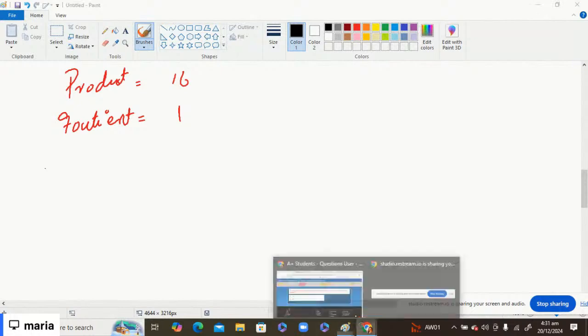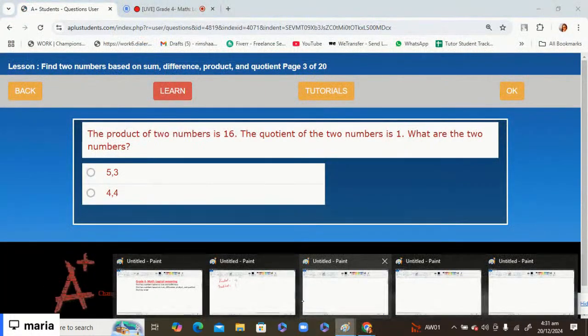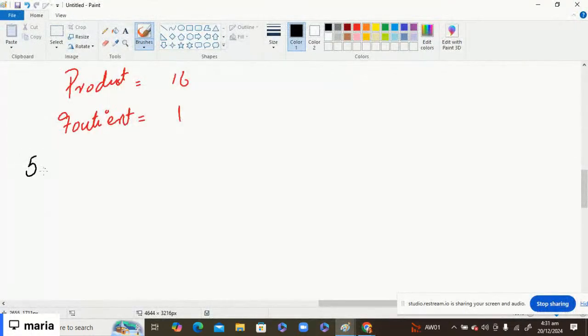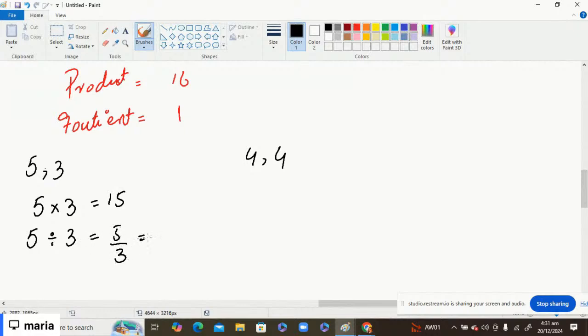Question is 5 and 3. First, multiply and then divide. 5 times 3 is 15. 5 divided by 3 is something else.